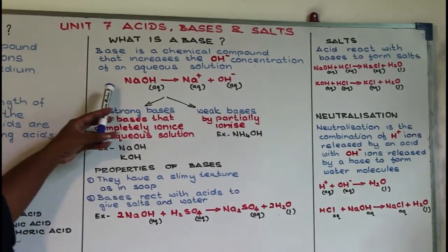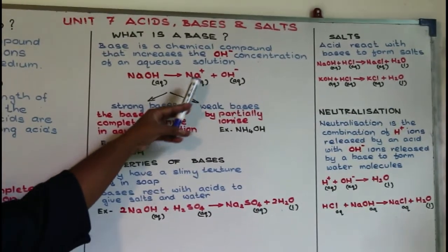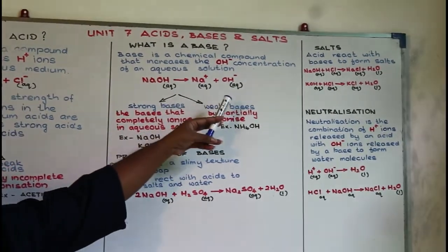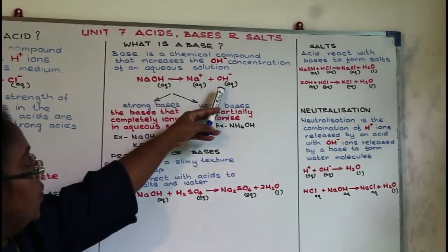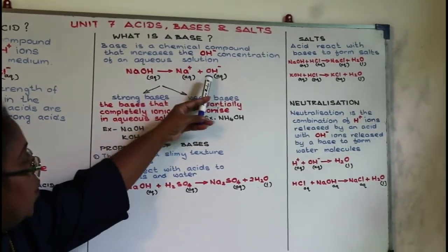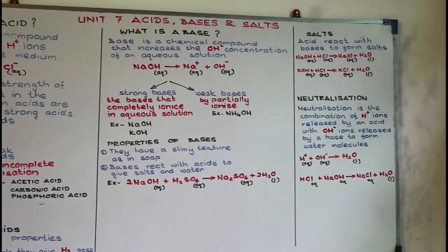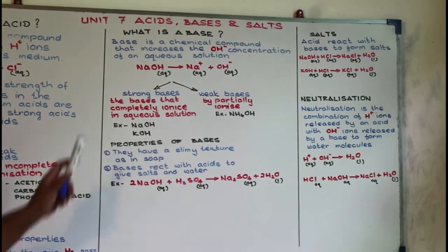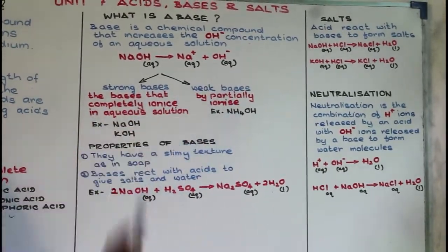Now when we consider sodium hydroxide, it gives Na+ and OH-. In aqueous solution, it increases the OH- concentration. Then again, bases also divide into two categories: strong bases and weak bases.